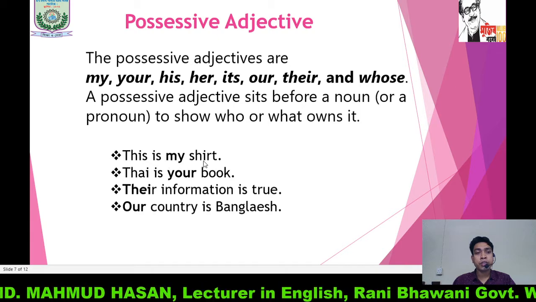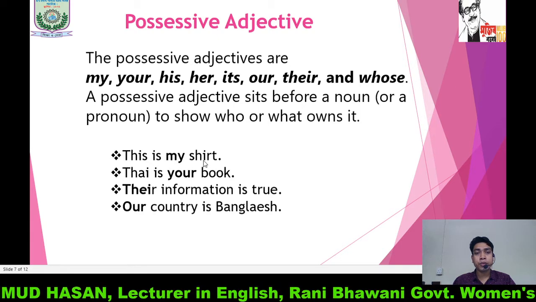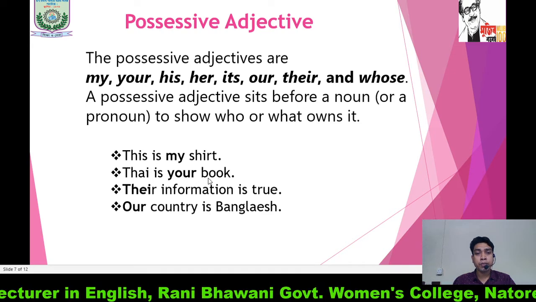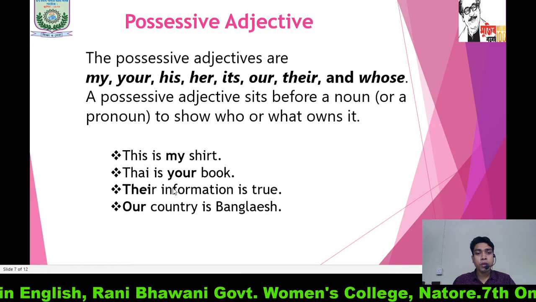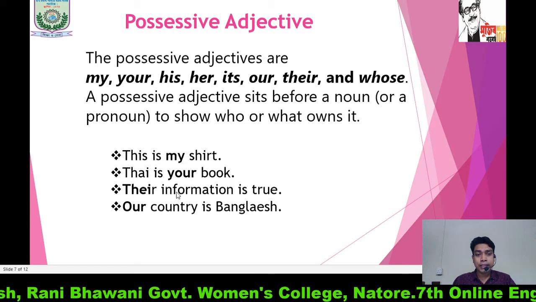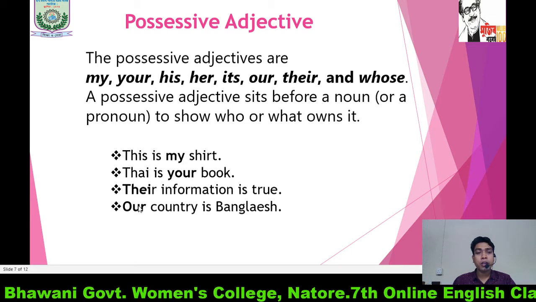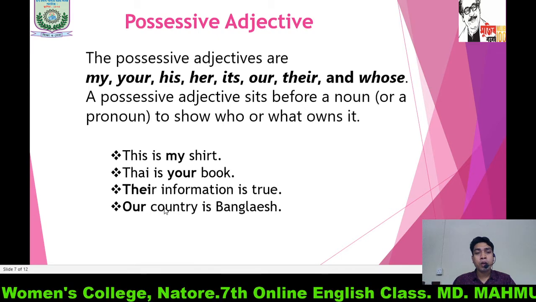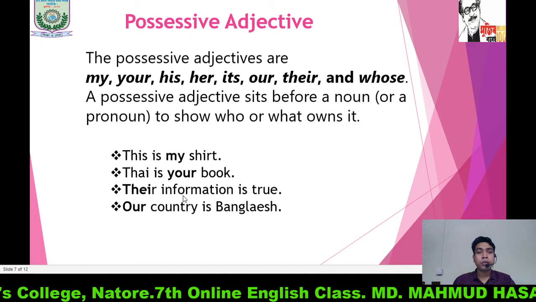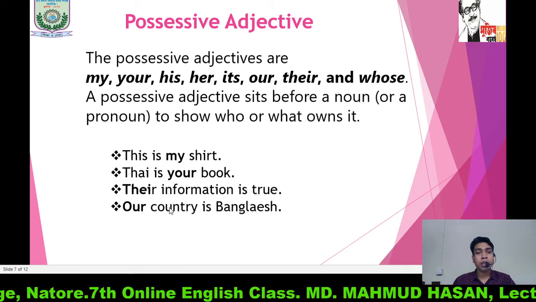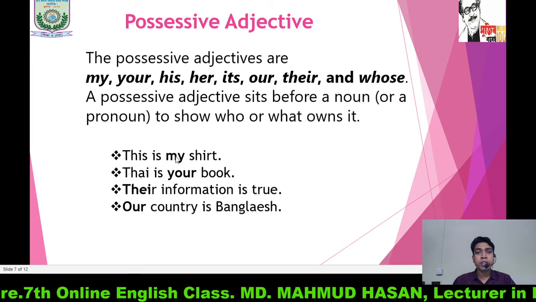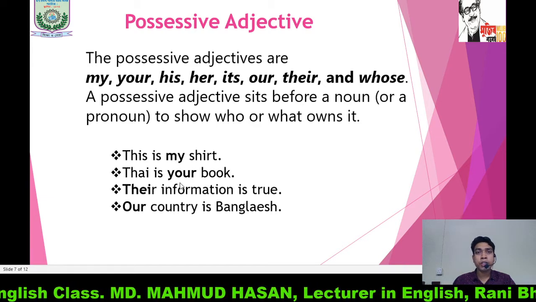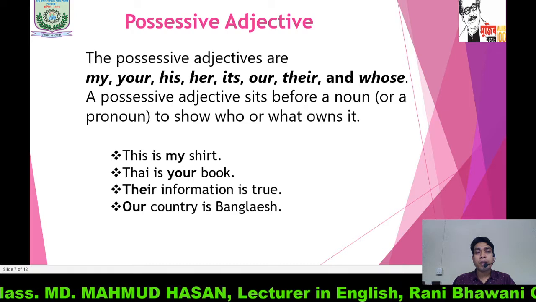In the first sentence, it sits before shirt. In the second sentence, it sits before book, and their sits before information, and our sits before country. All this shirt, book, information, and country are nouns, and a possessive adjective sits before a noun. It might also sit before a pronoun too.